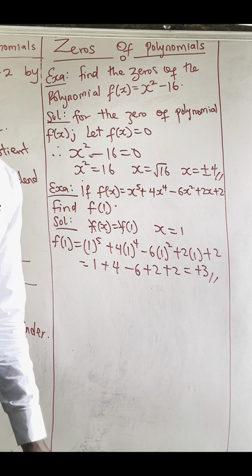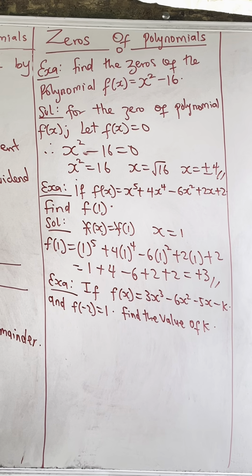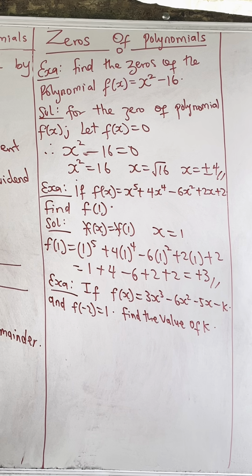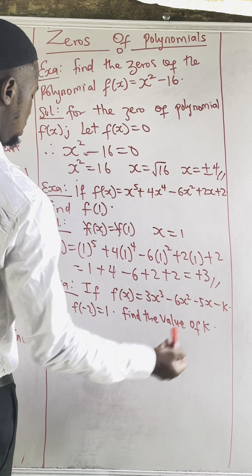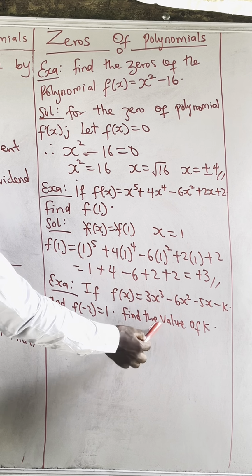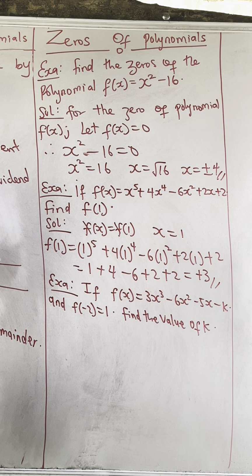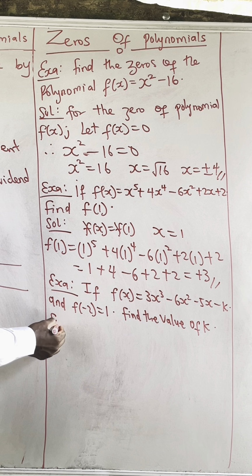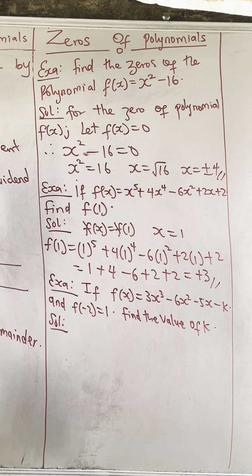Let's look at another example, guys. In this example, the question is: if f of x equals this and f of minus 2 equals 1, find the value of k. So guys, let us write the solution.